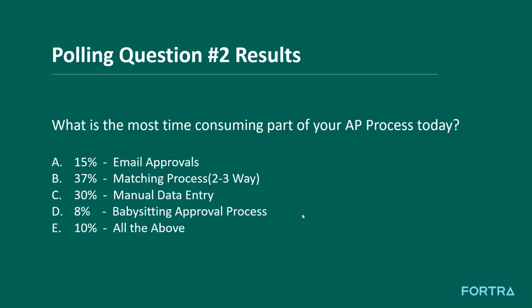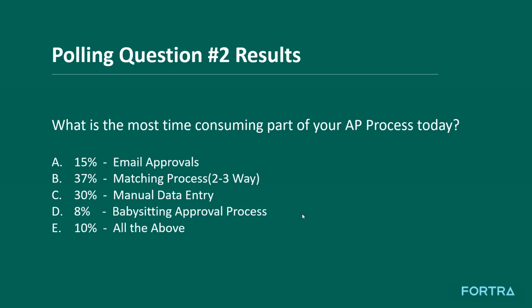Looks like about 15% of you are doing email approvals. 37% are doing matching processes. 2- and 3-way matching is the most time consuming. Manual data entry is about 30%. And then 8% is babysitting approval processes, and 10% are all of the above.